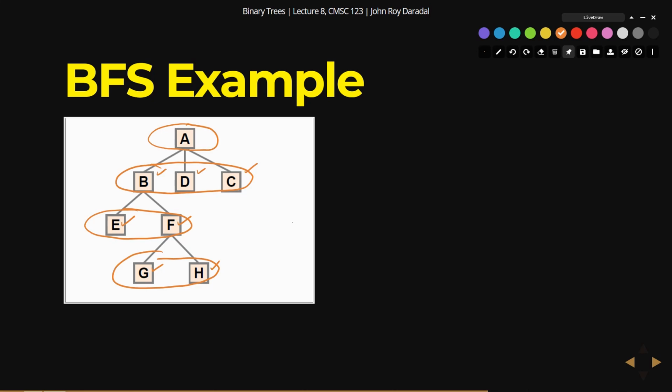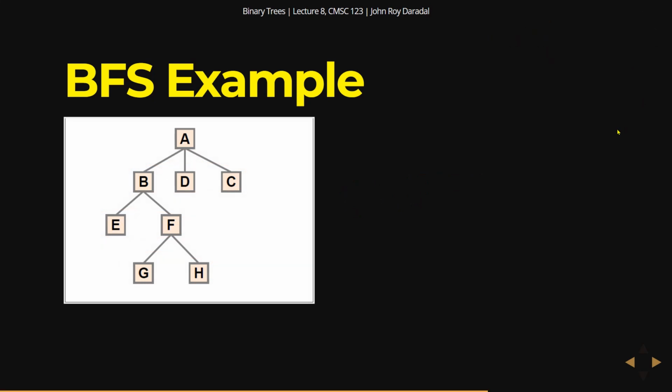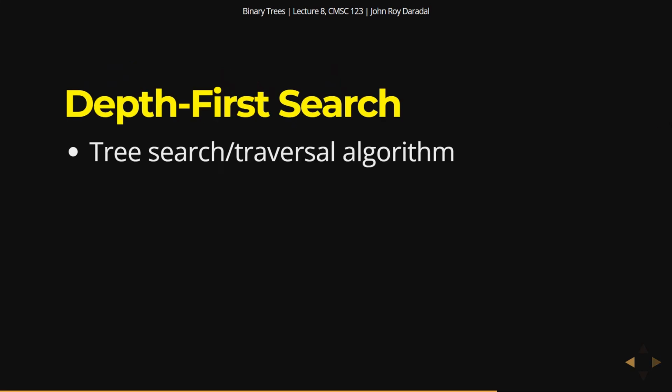BFS goes per layer from top to bottom. You start at the root and go down, and at each layer you process from left to right. That is BFS or breadth first search. It's called breadth first search because breadth refers to the width, so you're going horizontally.